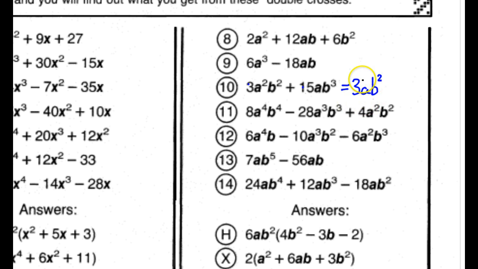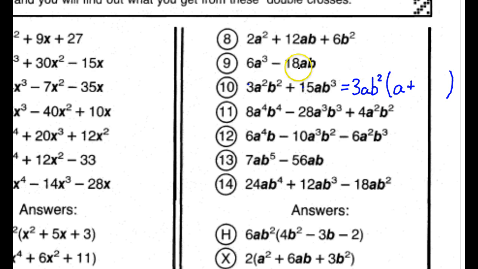So you can have many different terms as a GCF. So what's missing? We got a 3ab squared, and this is going to be 3a squared b squared. See that? And this is only missing an a. This a times a would be a squared.